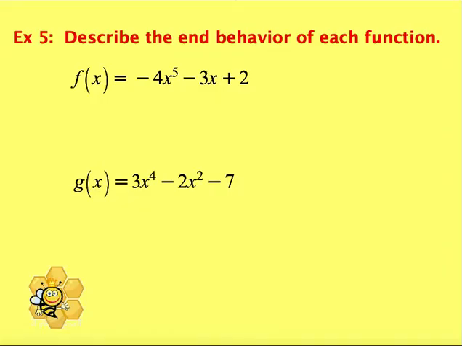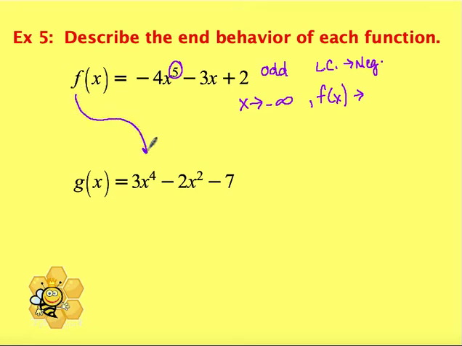What if I'm just giving you the polynomial function? Can you describe the end behavior? So what I see here is an odd function, and the leading coefficient is negative. So that means as x moves to negative infinity, if it's a leading coefficient that's negative and it's odd, that has to go in opposite directions.